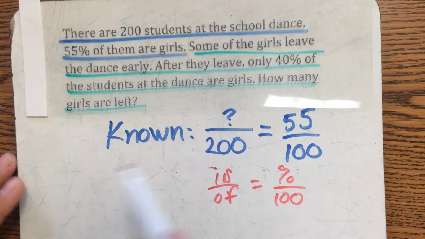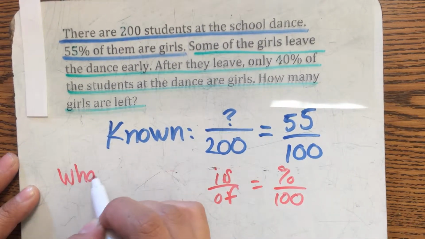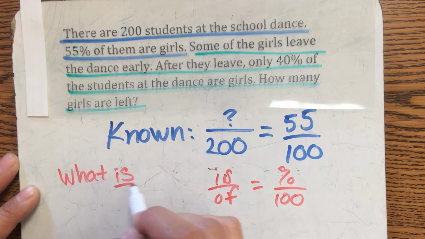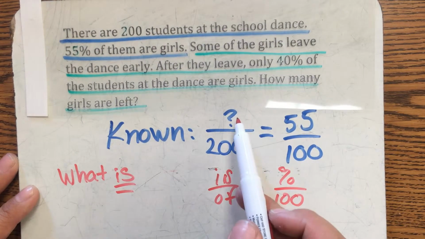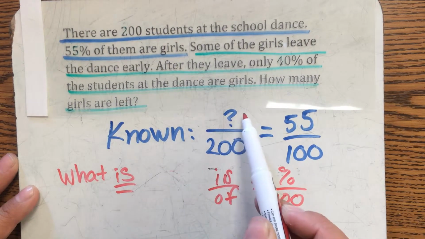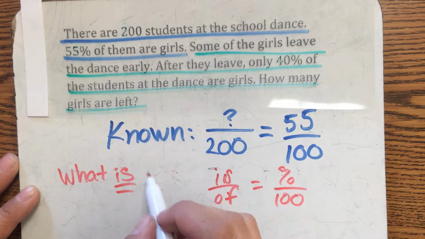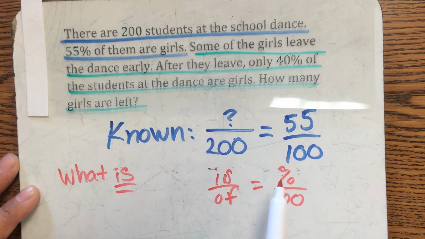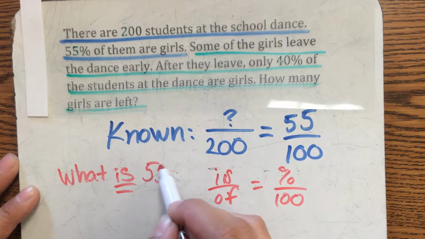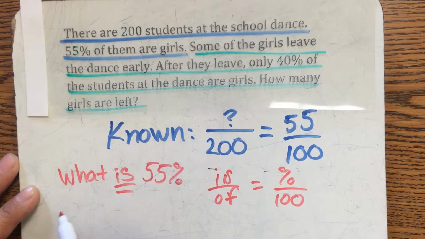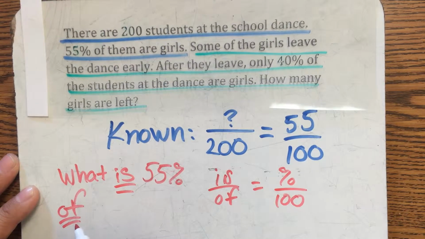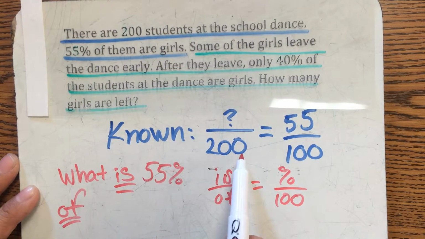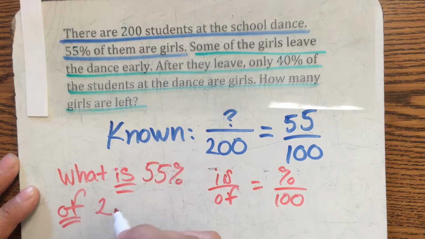I need to know what is, that's why the question mark is here, what is 55% of 200.